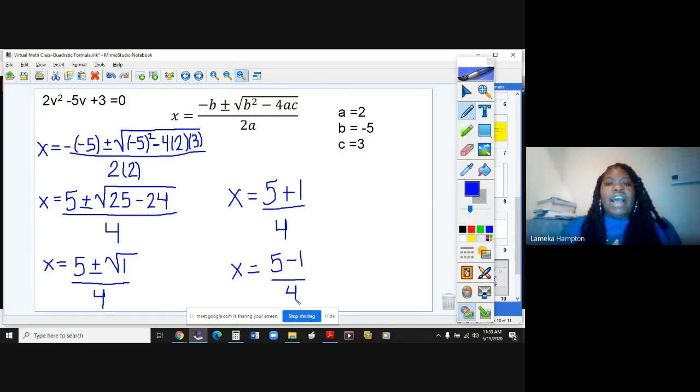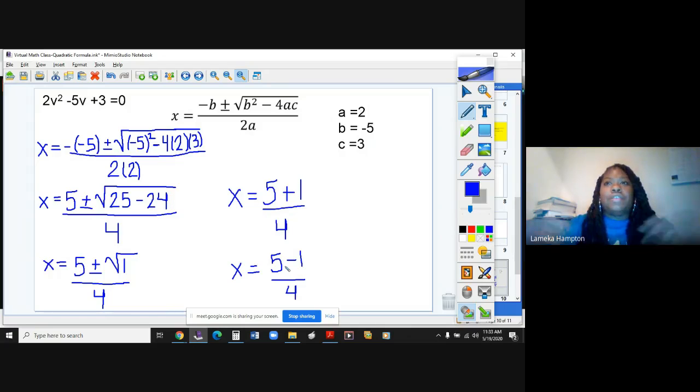Again, the reason I have two answers is simply because in the quadratic formula, you're going to have two answers. One answer is going to be positive, the other is going to be negative. Let me rephrase that. When we take the square root of a number, that number is going to be positive and negative.